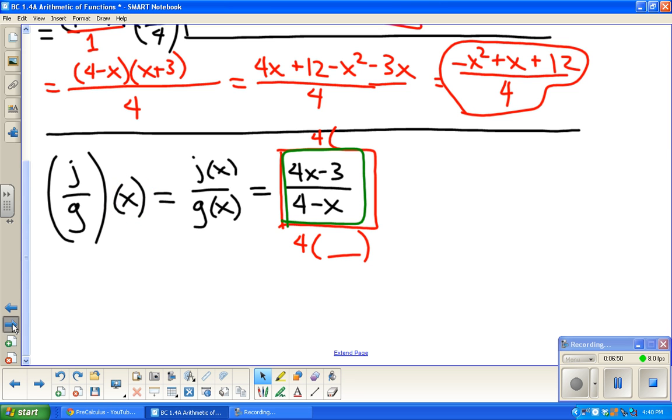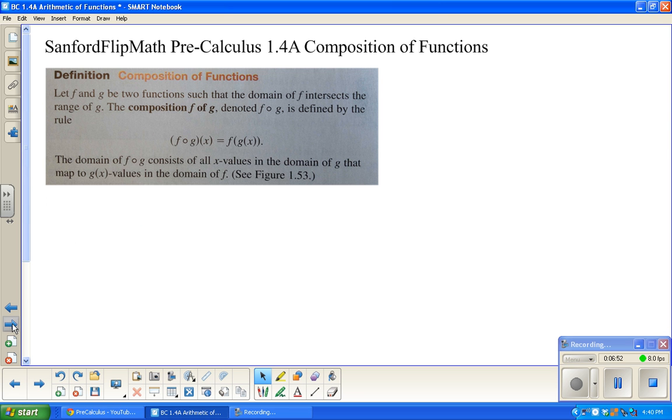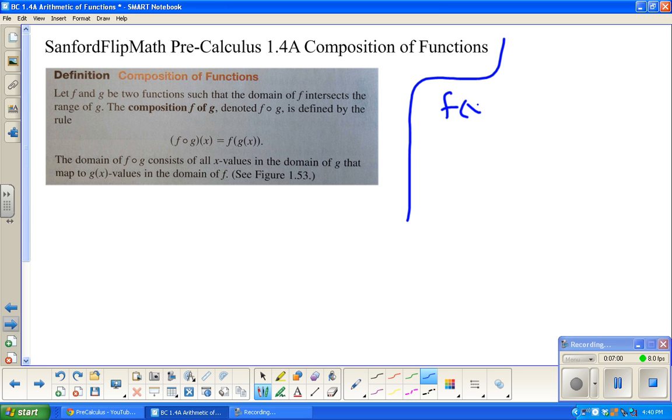Okay. Composition of functions has to do with putting one function inside of another. Now, before we do this, I just want to remind you how this f of x notation works. For instance, if f of x is 3x plus 2, let's say I want f of negative 1.